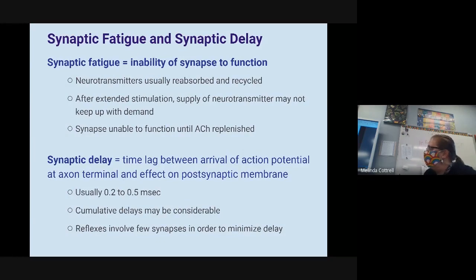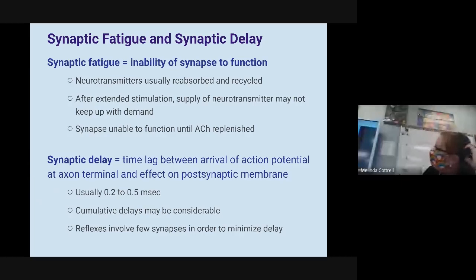All right, synaptic fatigue. Before we talk about electrical synapses, we want to talk about fatigue and delay, okay? Because the synapse is not a continuous machine. Instead, there are some things that can cause it to stop. Synaptic fatigue is when a synapse stops functioning. The neurotransmitters are then reabsorbed and recycled.